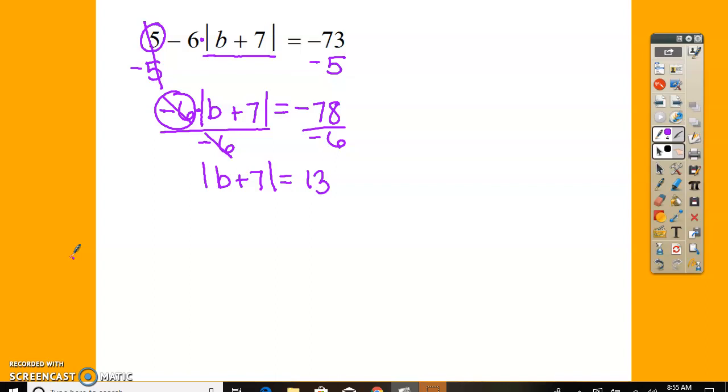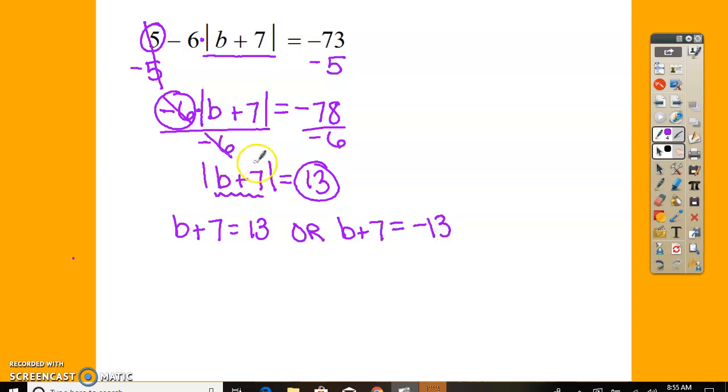So now remember, this b plus 7 inside of here, its distance from 0 is 13. So that b plus 7 could have been a positive 13 inside of here, or b plus 7 could have been a negative 13 inside of there, because both of those numbers have a positive distance of 13 from 0. Now you just solve both. It's a one-step equation.